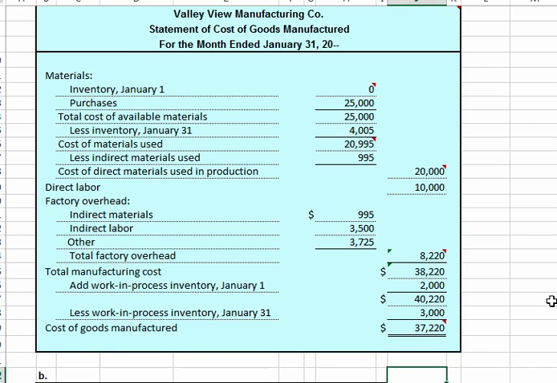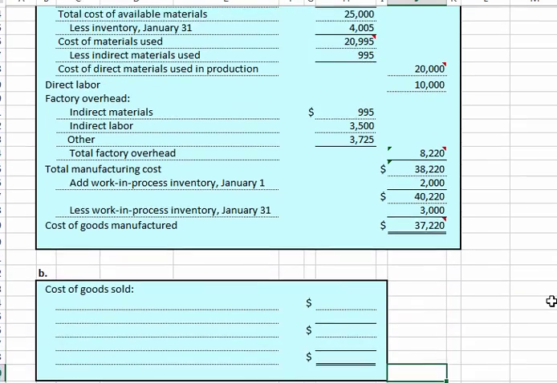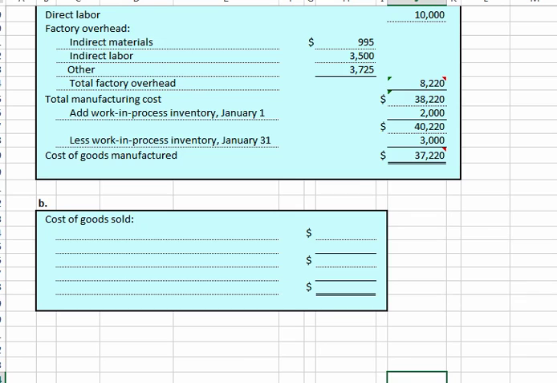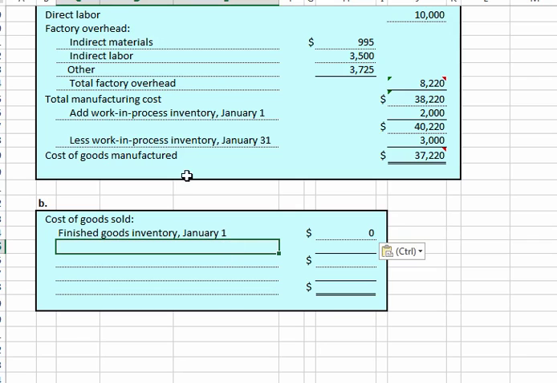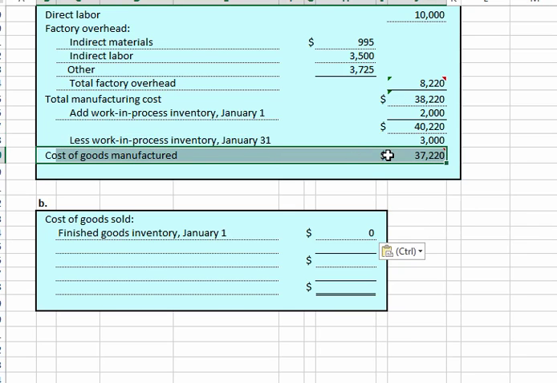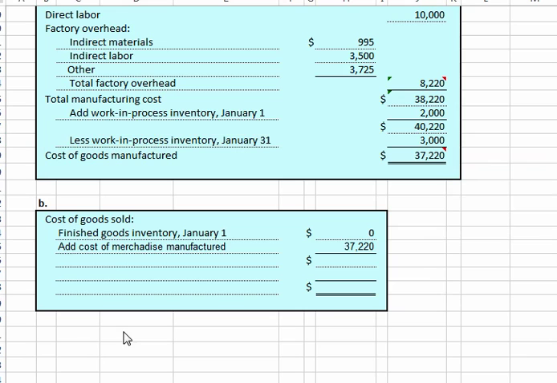Let's finish it up. We also want to do the cost of goods sold section of the income statement. We would start with our finished goods inventory balance on January 1st. This time, in my example, it's 0. But then we would add to that our cost of goods manufactured from right here, 37,220.